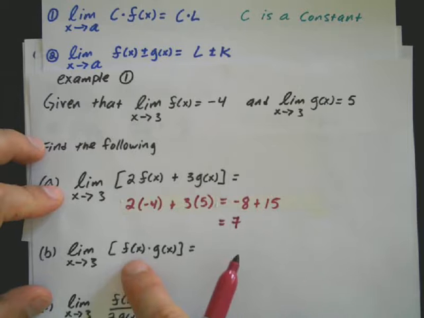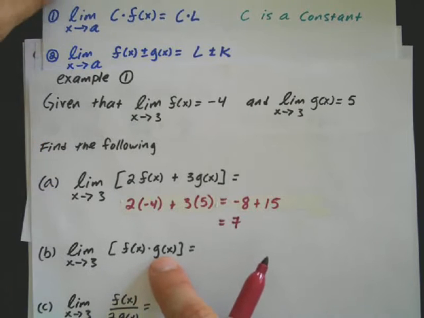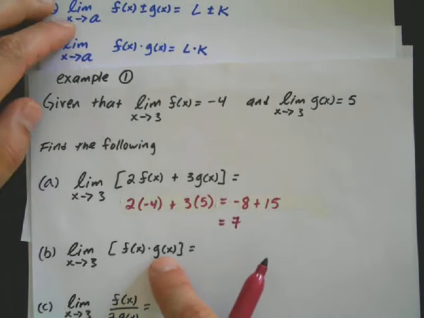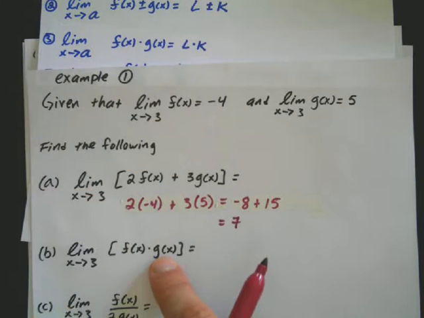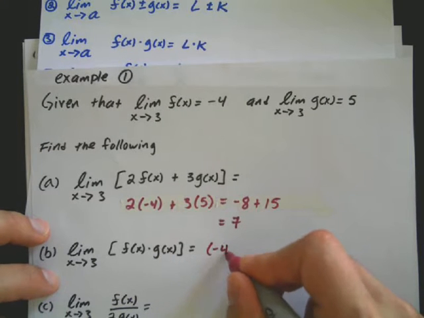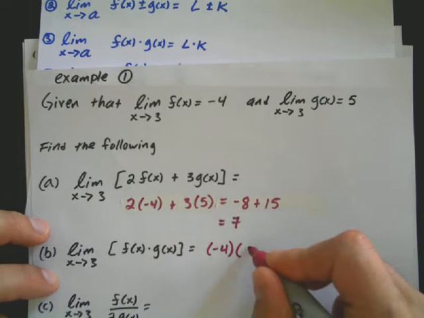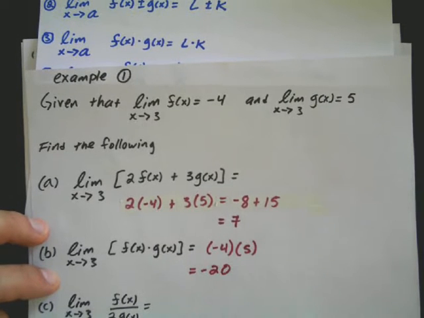For part B, I'm multiplying individual functions, which limit property number 3 states that if I'm multiplying, I can just multiply individual limit answers. So this is just going to be -4 multiplied by 5, which gives me -20.